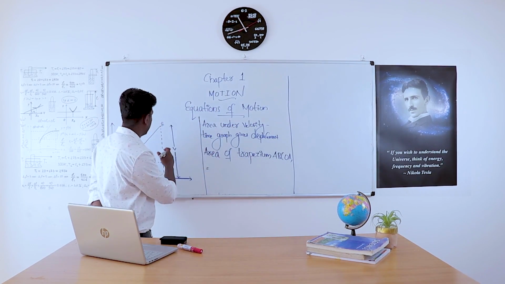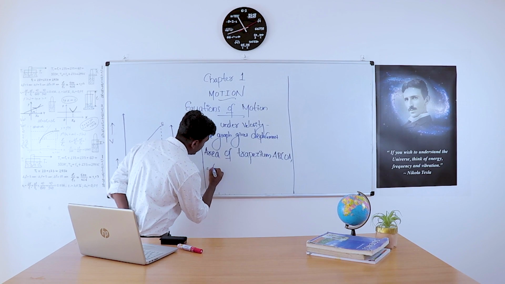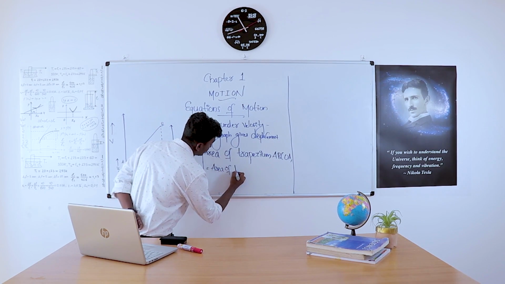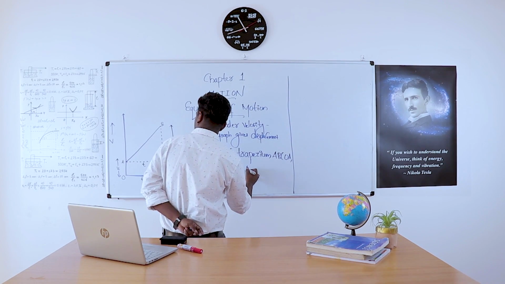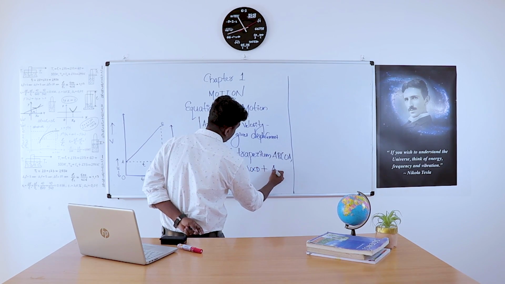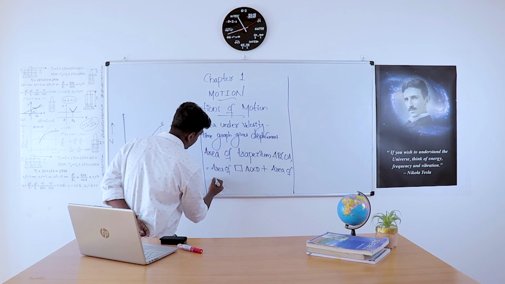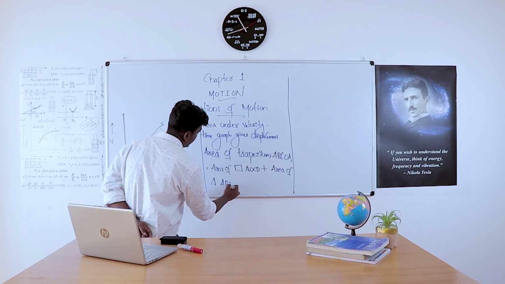Therefore, area of trapezium ABCOA is equal to area of rectangle AOCD plus area of triangle ABD.